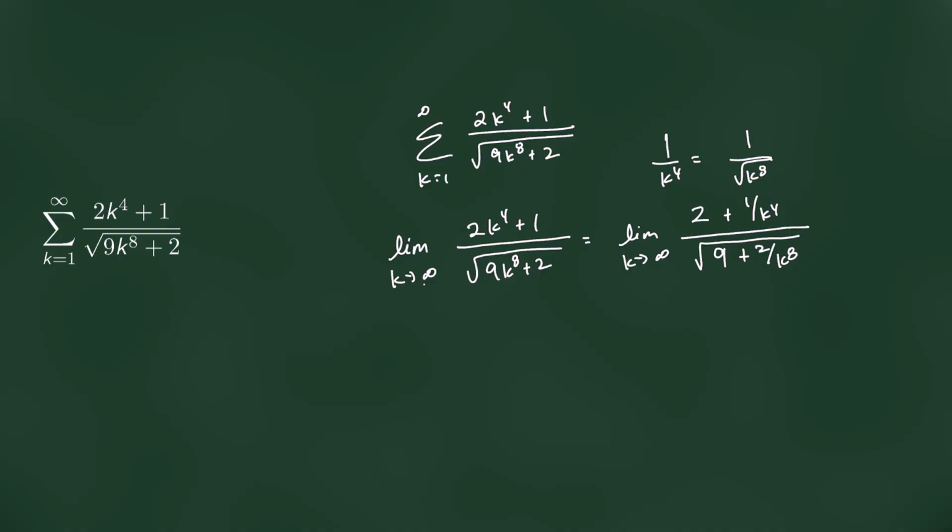Well, that limit, because these terms go to 0, becomes 2 over the square root of 9, which is of course 2/3, which is not 0, which means that this diverges by the divergence test. So no need to look any further than that.